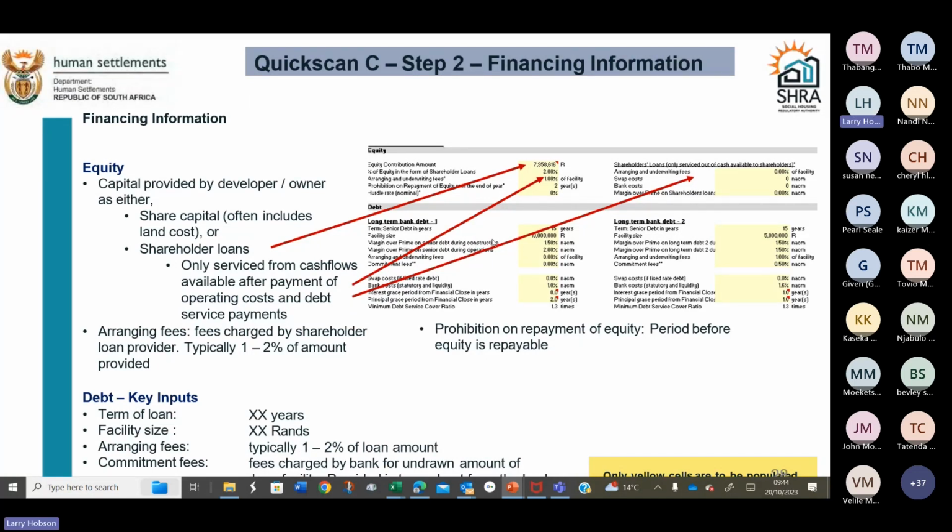And then sometimes you have got a different rate in between construction period and operational period. So in this case, it was a margin over prime 1.5 during construction, a margin 2% after construction. Once again, there's provision for arranging and underwriting fees, commitment fees, swap costs, bank costs.